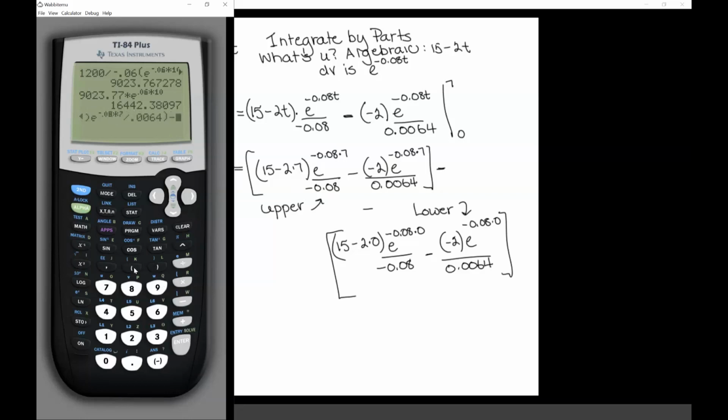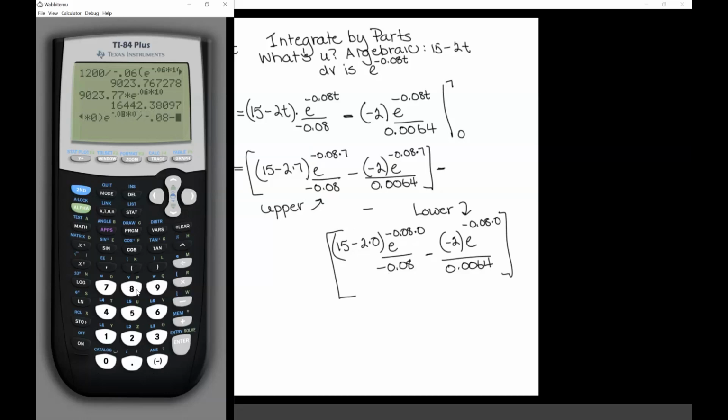Now I'm going to subtract, open up another set of parentheses, which I need, and that's 15 minus 2 times 0 times e to the negative 0.08 times 0 divided by negative 0.08. That's the first term.